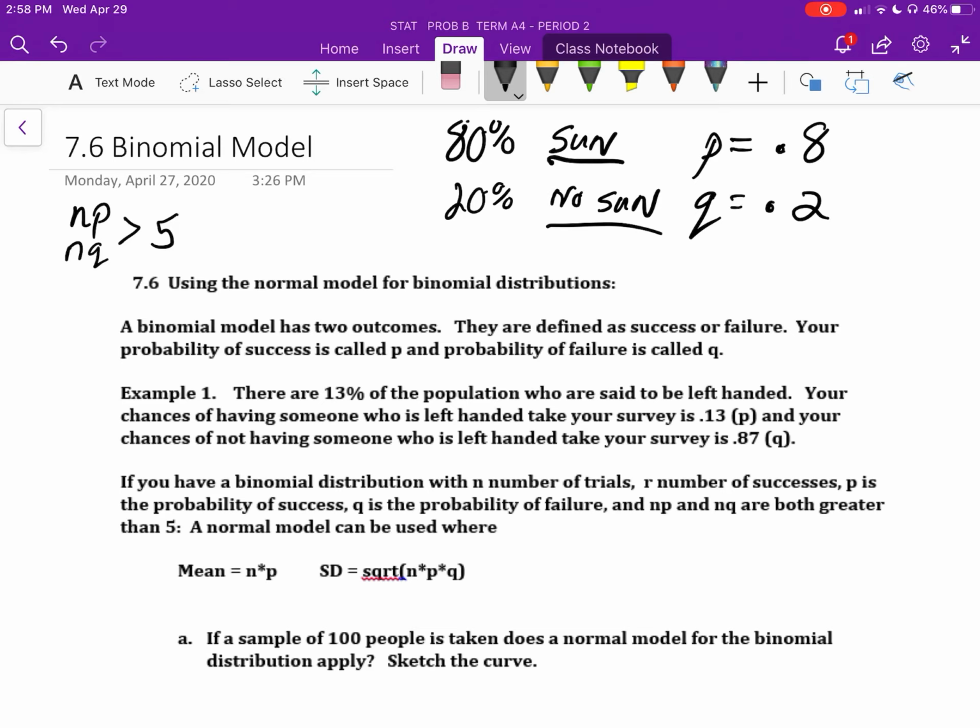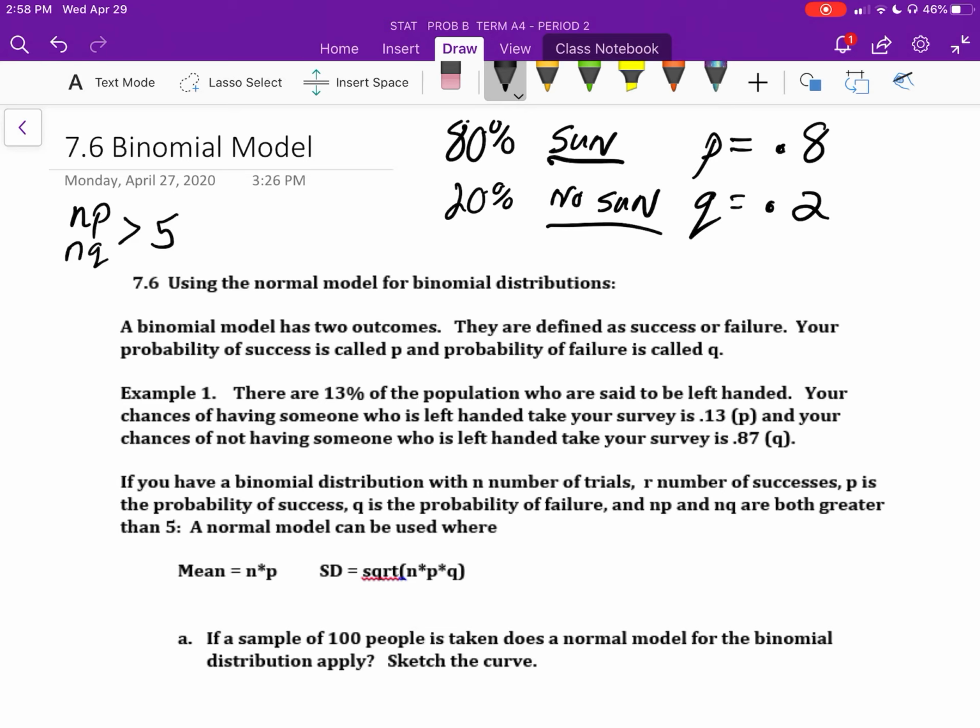Left-handed desks open up the opposite direction. If you're left-handed and you've been in a college classroom, you know what I'm talking about. Your chances of having someone who's left-handed taking your survey is 13%. And the chances of having someone that's not left-handed take your survey is 87%, because that's the rest of the population. 13 and 87 add up to 100.